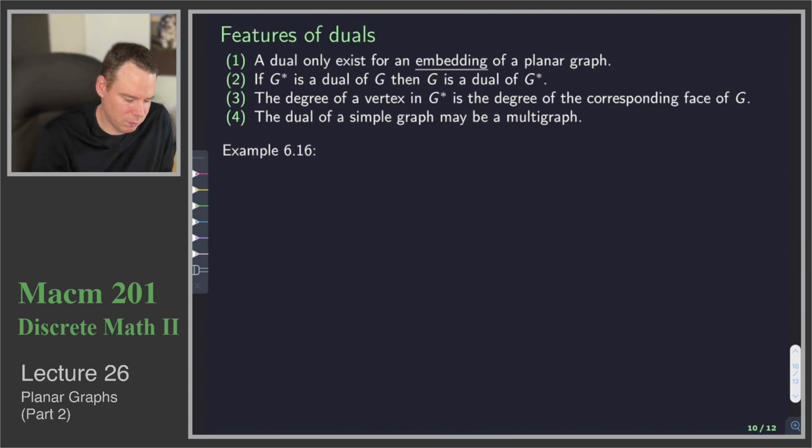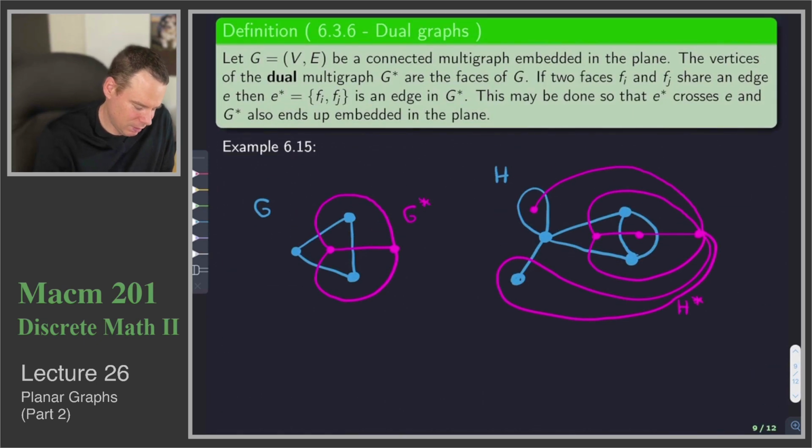And so the features of this dual graph are that dual graphs only exist for embeddings of planar graphs. If G star is the dual of G, then G is the dual of G star. That might be kind of clear from how these diagrams were drawn: if I took G star and then found the dual of it, I just get back to the original G. And similarly for the other one.